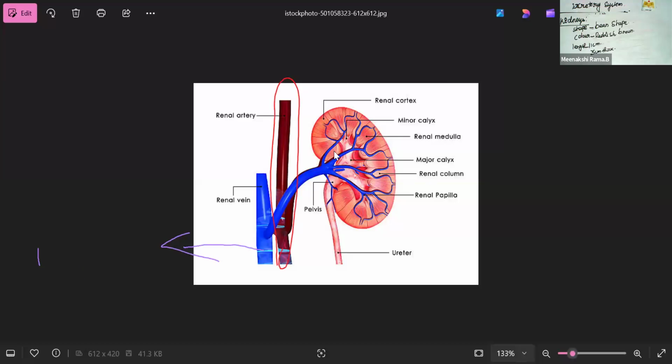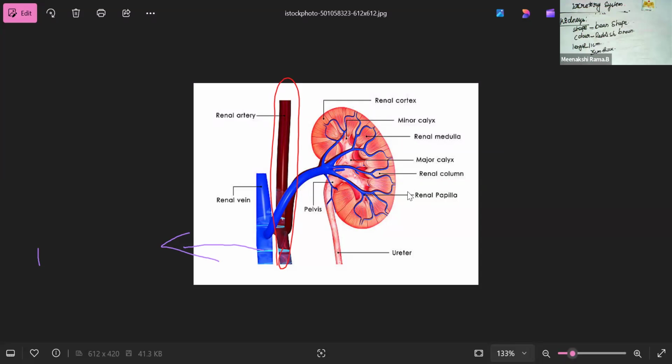This is the renal cortex part. The top part is known as the renal cortex. This is the minor calyx. This part is the renal medulla, the major calyx, and then the renal papilla.